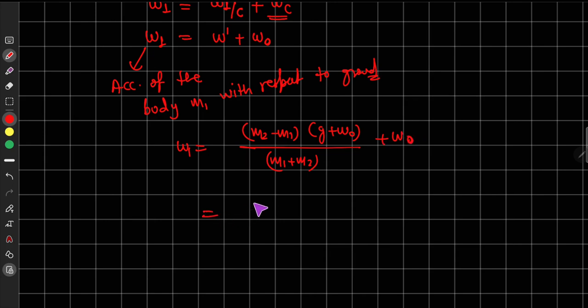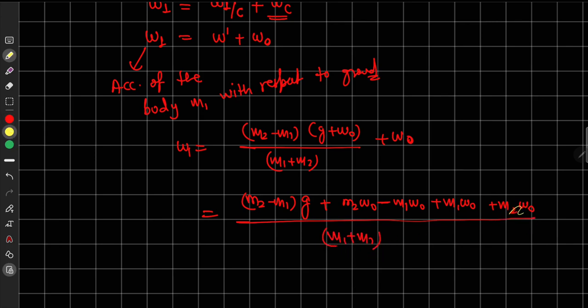So from here we can write (m2 minus m1) into g plus m2 w0 minus m1 w0 plus m1 w0 plus m2 w0, whole divided by m1 plus m2.